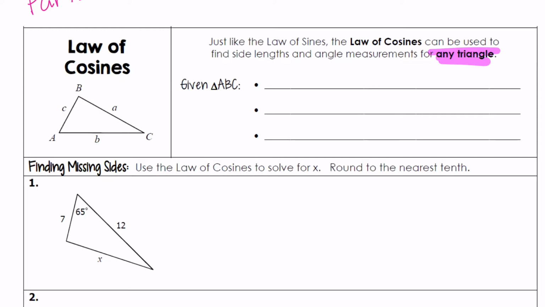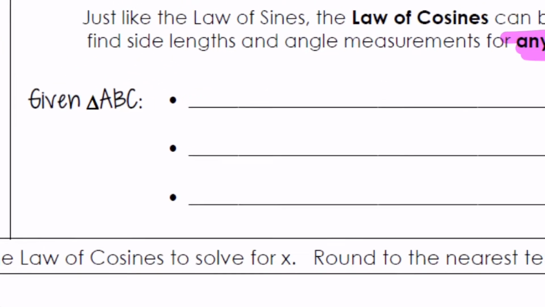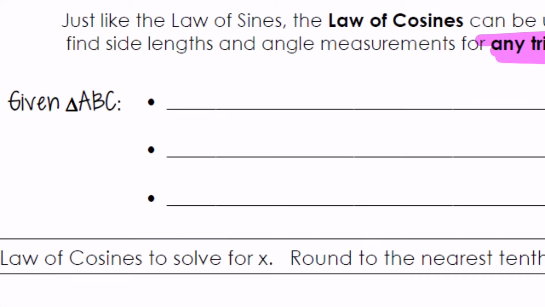But basically, again, if I'm given a triangle ABC, just like the one on the front, where the lowercase of the letter of the angle is its opposite side. So angle A, the opposite side is lowercase a, and so on. Given triangle ABC, here I have these formulas.